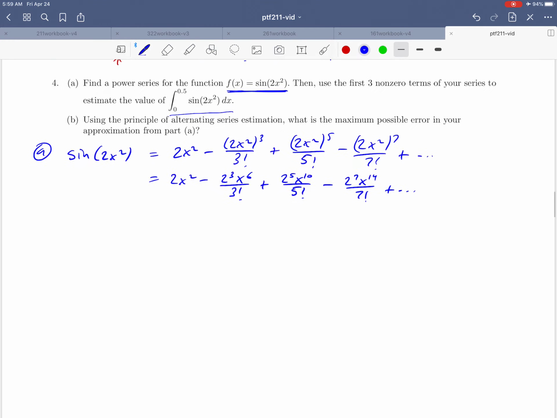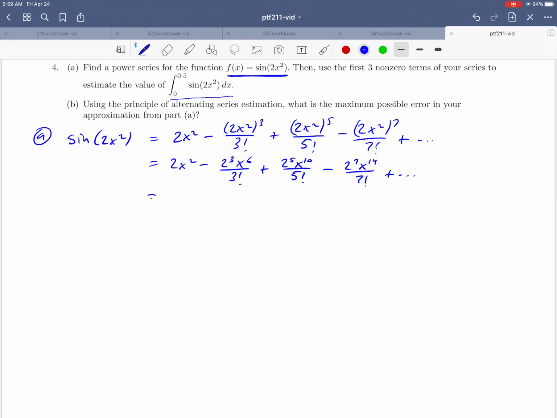I'm going to do one more thing here that's going to make this a little easier algebraically. So let's separate the coefficients from the powers of x. So we can rewrite this as 2 cubed over 3 factorial, and we'll put the x to the 6th and just kind of write it to the side a little bit. 2 to the 5th.